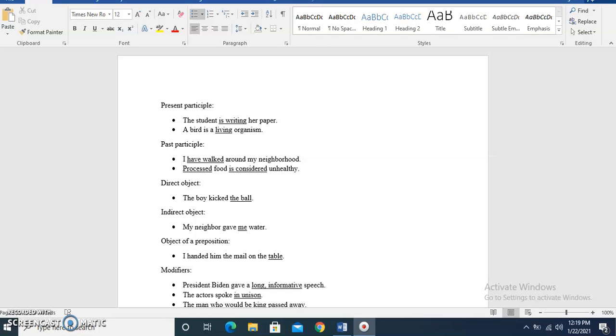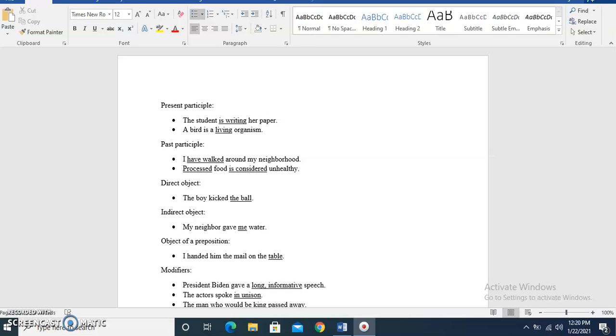So if there's any sort of noun or pronoun in your predicate, it's probably going to be some kind of object. So if you just have one thing or noun in your predicate after your verb, probably that's what's going to be called a direct object.